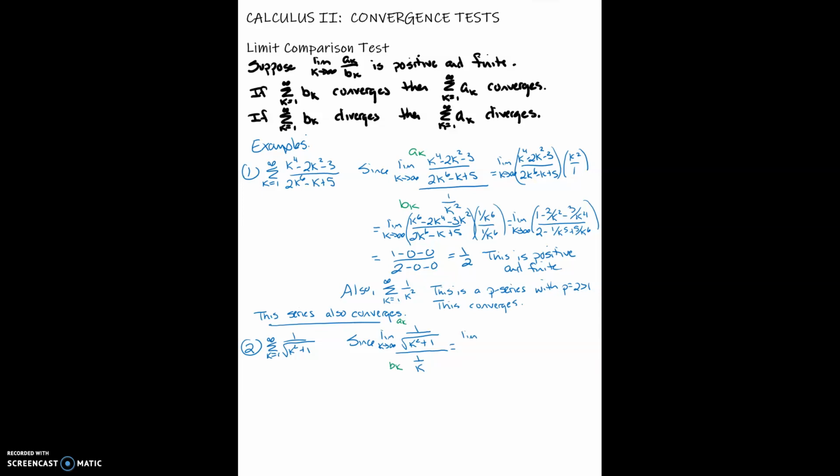Now this limit, as k goes to infinity, is of 1 over the square root of k squared plus 1 times k over 1. We can simplify this a bit. We have the limit as k goes to infinity of k over the square root of k squared plus 1.